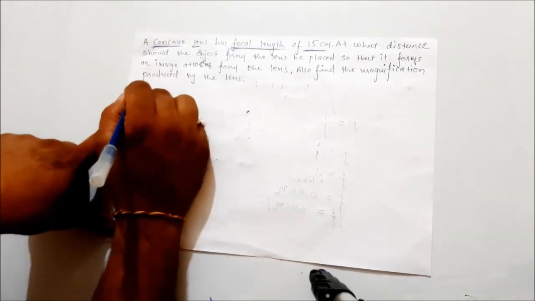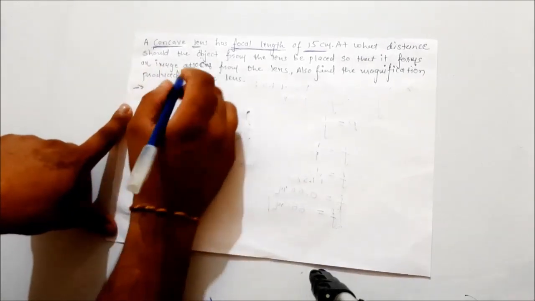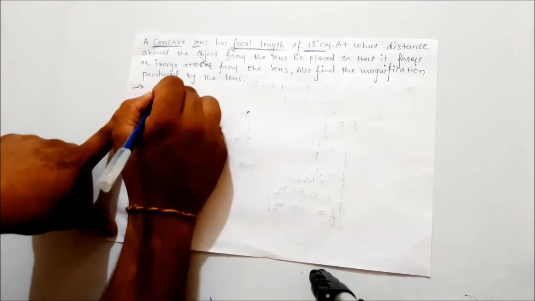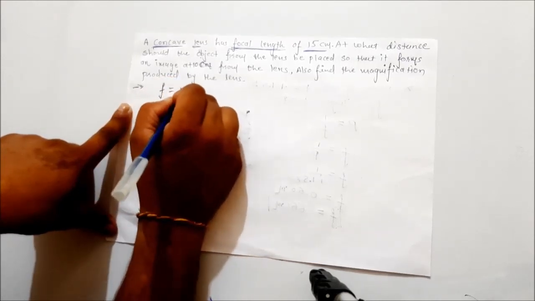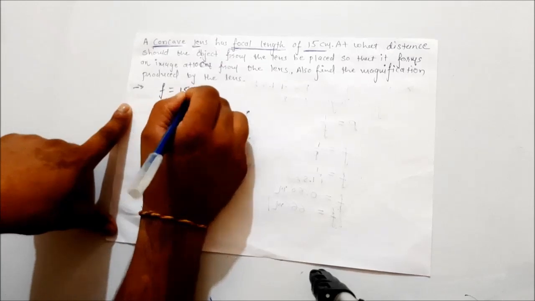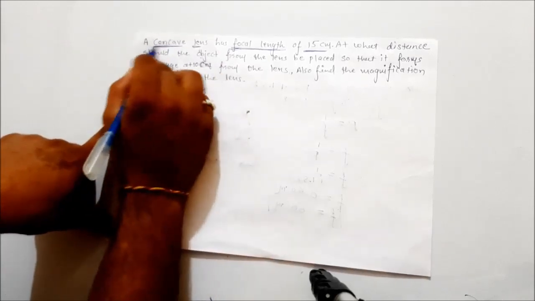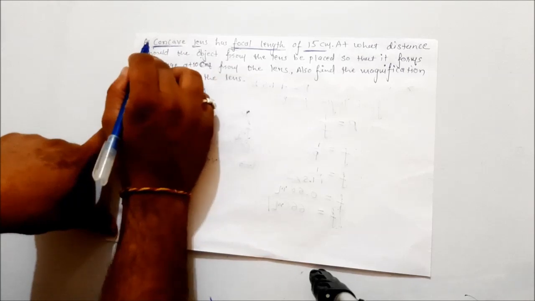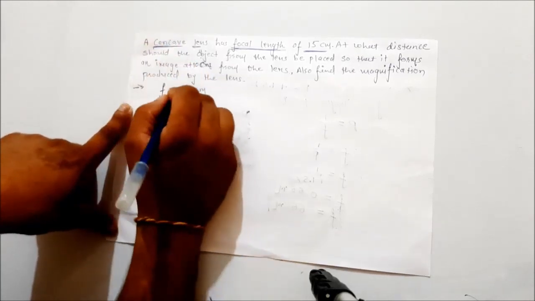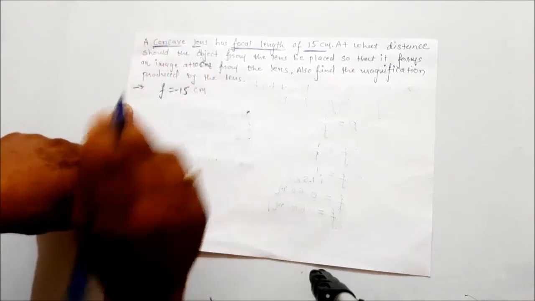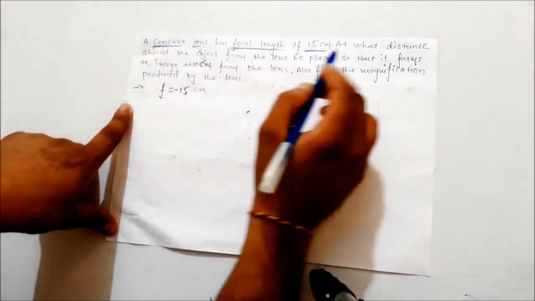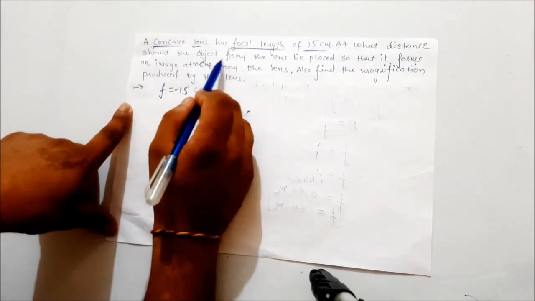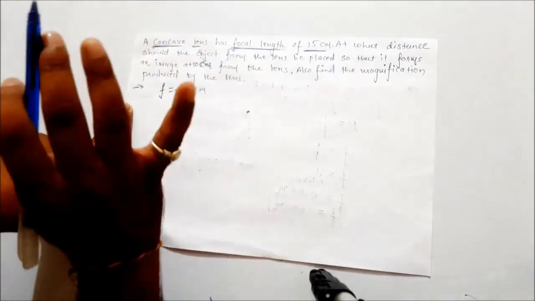So we can say that F is given to us. Focal length F is equal to 15 centimeter. As we have a concave lens, for a concave lens our focal length will be negative according to sign convention.